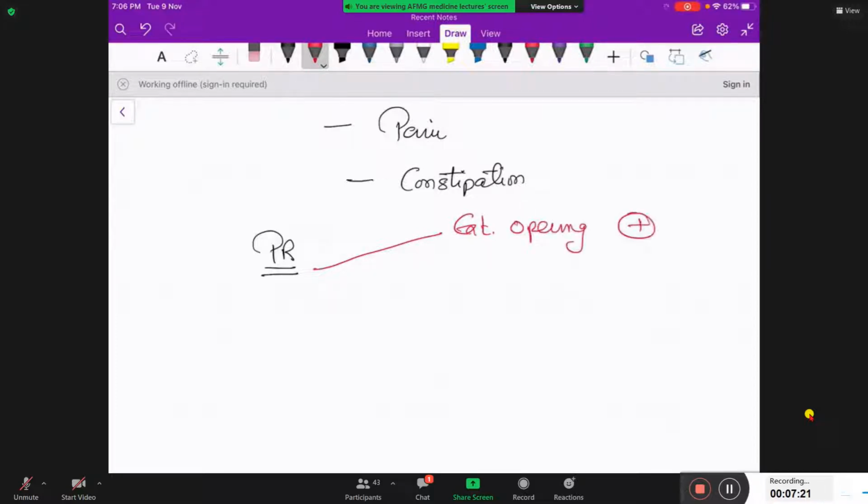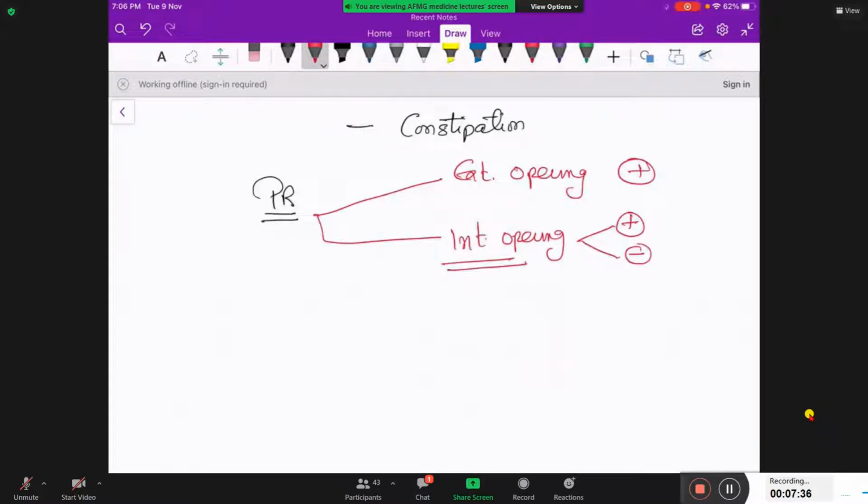So there will be an external opening present. Internal opening in proctoscopy may or may not be seen.